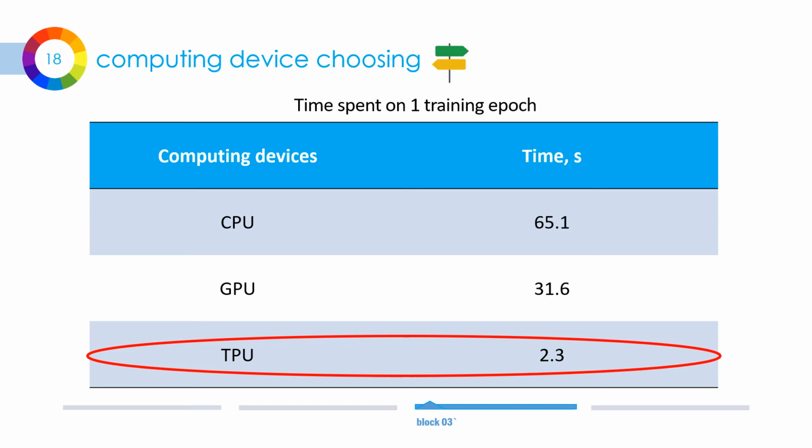After test model training executions, we also got statistics of different computational devices' performance. The most suitable for us because of speed was TPU. You can see it on this slide.